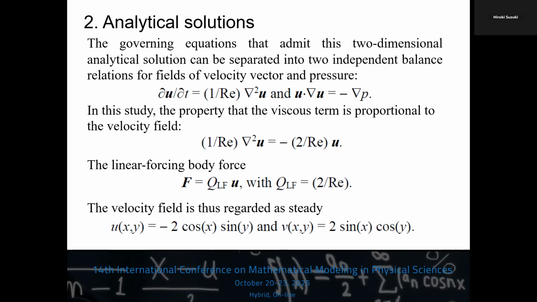It is evident that in the context of this forcing, the viscous term that emerges involving the two balance relations is considered null and void. This in turn results in the subsequent elimination of the unsteady term. The velocity field is thus regarded as steady as follows.